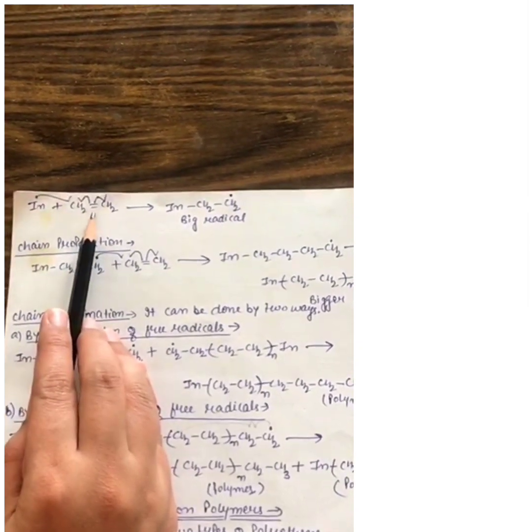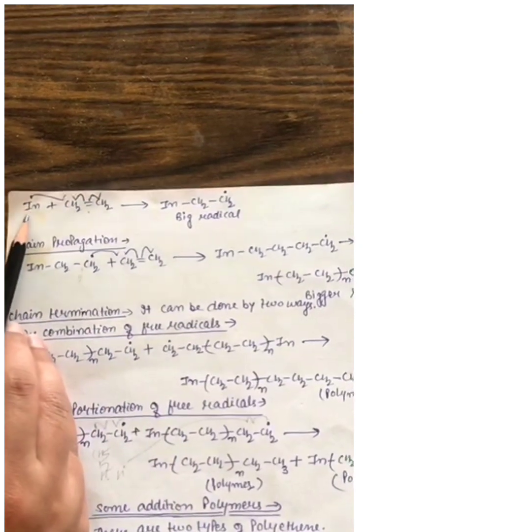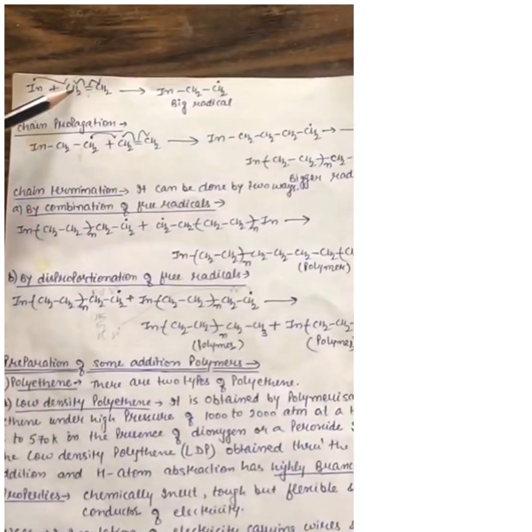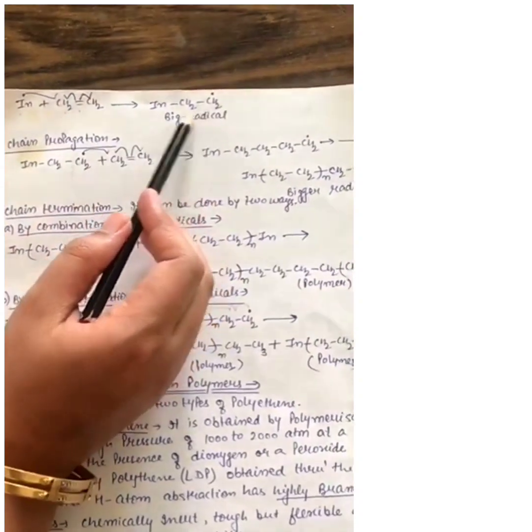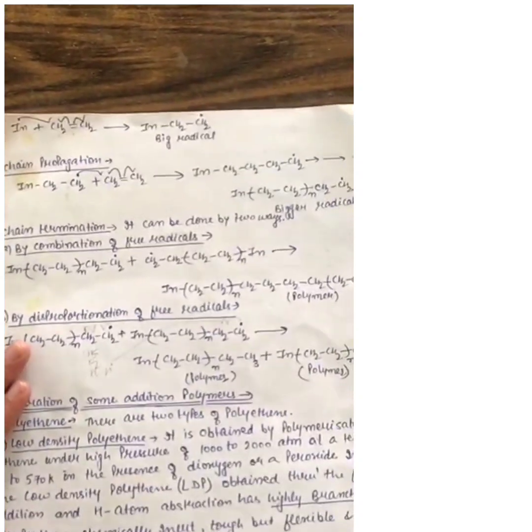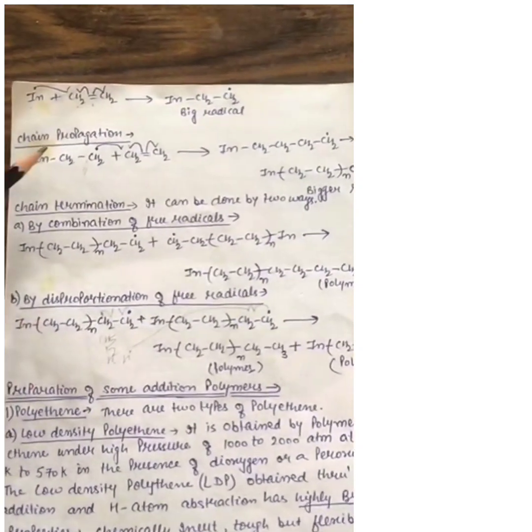We take the monomer ethene, and this free radical joins with this monomer unit. We break this bond homolytically, and the initiator gets attached to the CH2, and a bigger radical is thus formed.